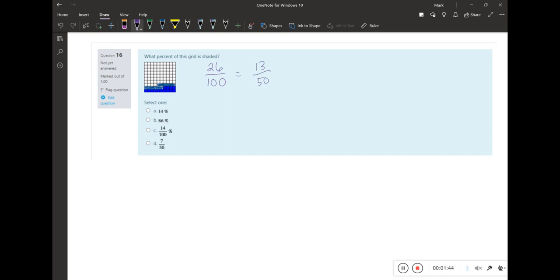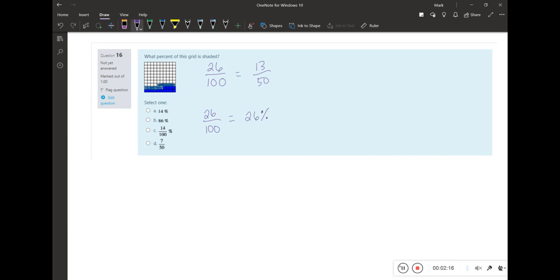Say you did really badly on a test and you got 26 right out of 100, and I asked you what your percentage is. Well, 26 out of 100 literally tells you your percentage, because percentage literally means per 100. So 26 out of 100, or 26 hundredths, means 26%.